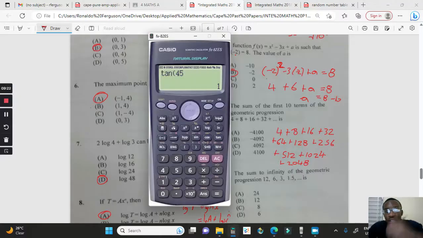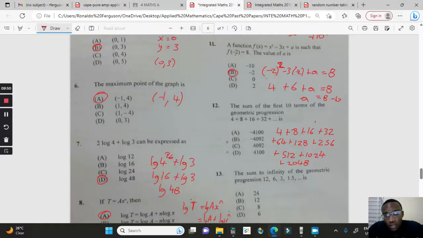You don't need to use the geometric formula to do this. Just add them in the calculator. We get 4092. That's option C. Moving right along. Easy.